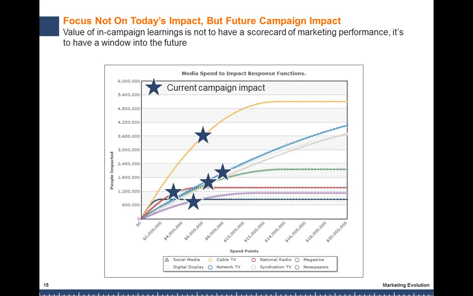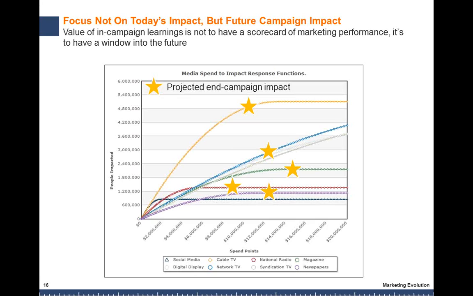The idea is to think about where you're going to be at the end of the campaign when you take into account those incremental investments. If you're not looking forward at what's going to happen after you add those dollars, you could actually be adding the dollars inefficiently.